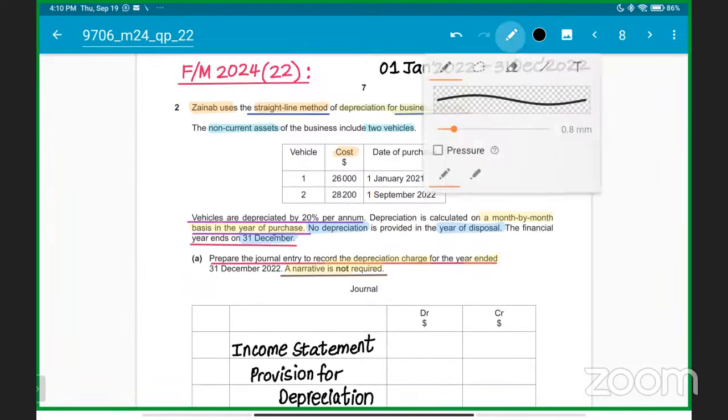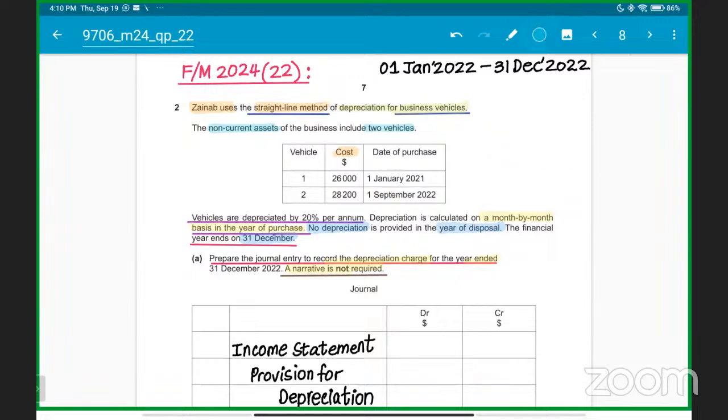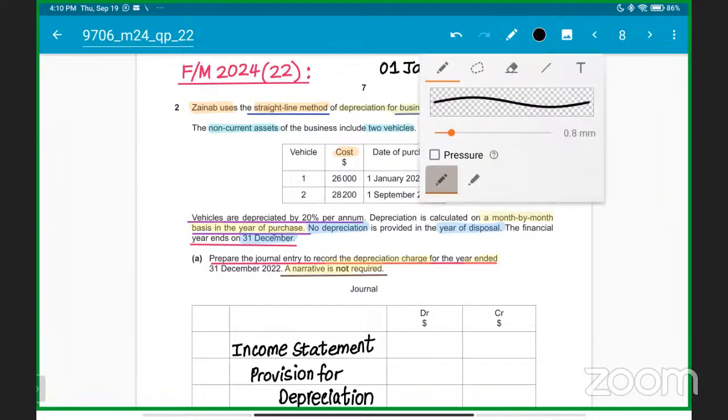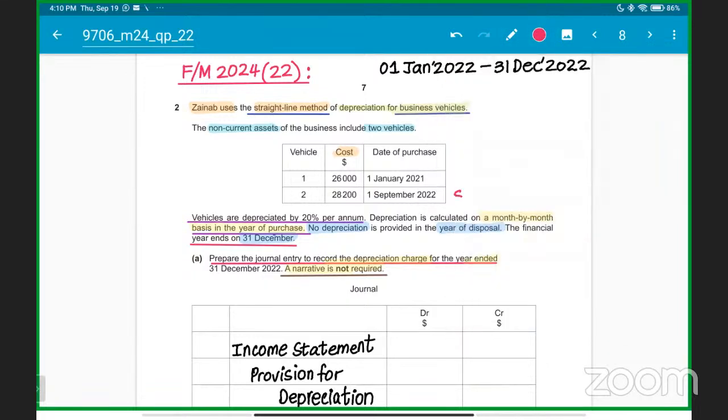Let's start with vehicle number 2. The cost is 28,200, and we purchased it in September 2022. So it was used for September, October, November, and December 2022, only 4 months of the year from 1st January to 31st December 2022.